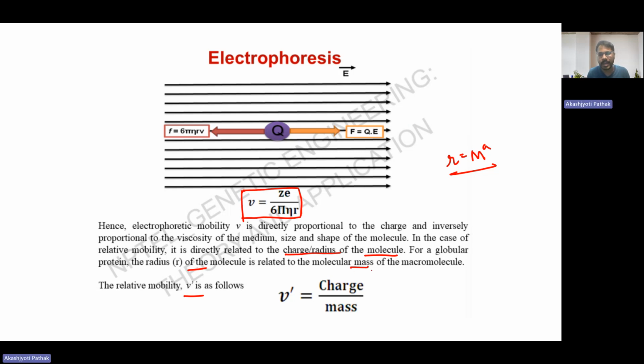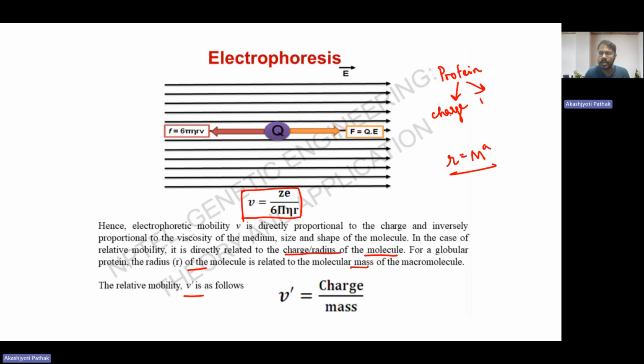So when you are running any charged sample through the gel, why are we considering a charged sample? Because your protein has a charge, isn't it? It has a charge and it also has a mass. The charge will depend on what type of amino acid residues are present in the protein, and also the pH in which the protein is present.